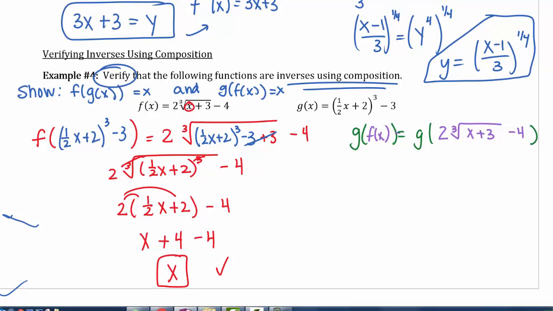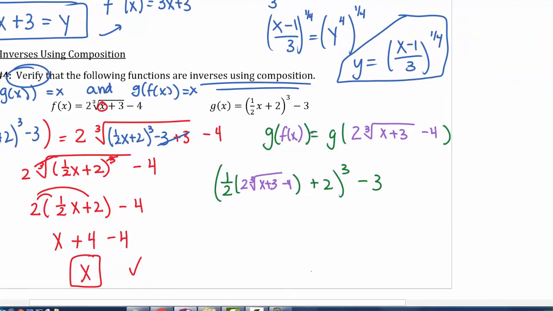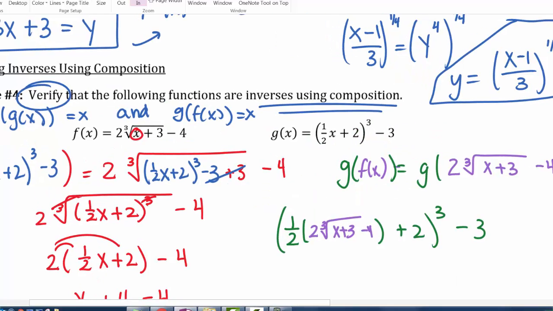Okay, so I need to take g, and everything stays the same. So I have 1/2 times x plus 2 to the third minus 3. And I need to substitute in my f of x in its place. So 2 times the cube root of x plus 3 minus 4. All right, I'm going to zoom in because I wrote that kind of small.